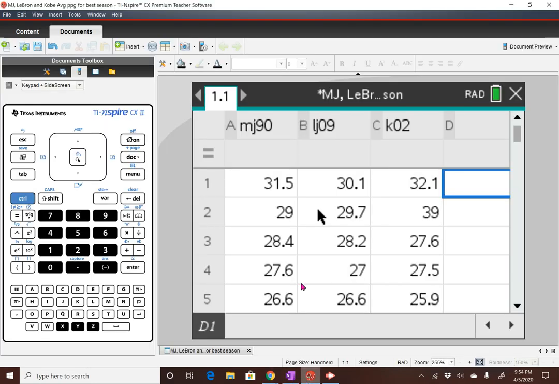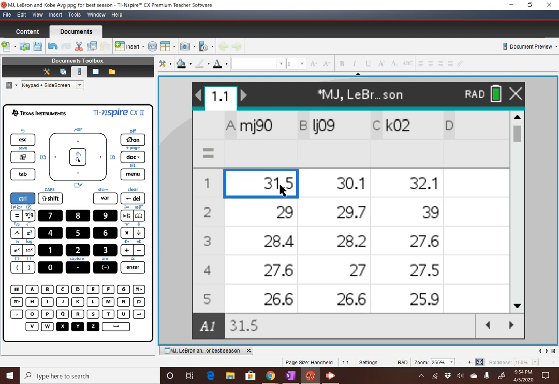But basically, oh, I closed that tab. I took the average points per game of, I think, all of the players that had played at least 70 games.